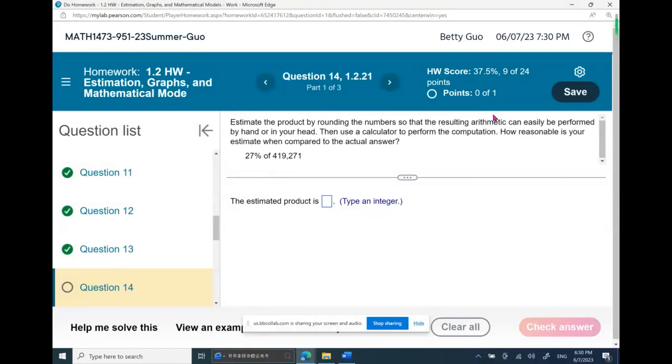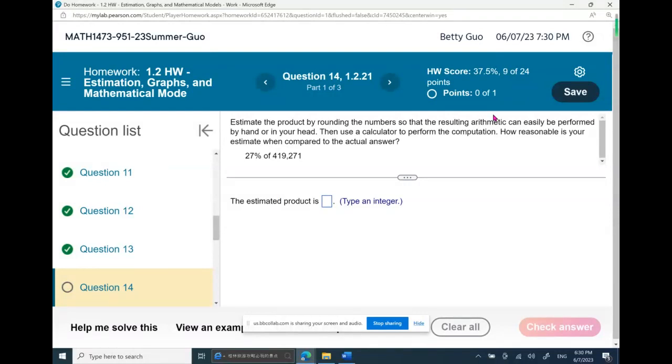So 27% is not very convenient. So I'm going to round it to 30%. And that is 0.3. And then multiply, and that number is so inconvenient, so I'm going to round it down to 400,000.